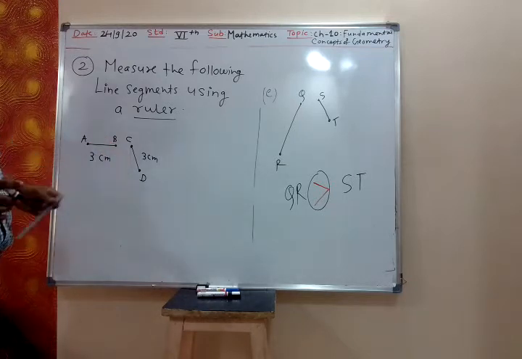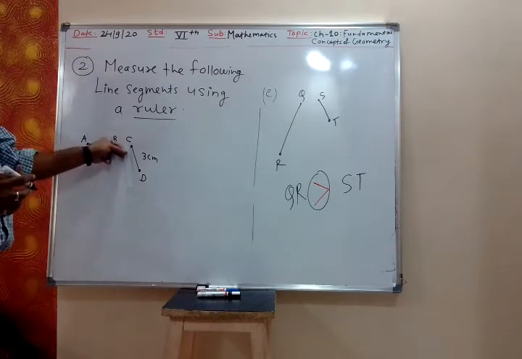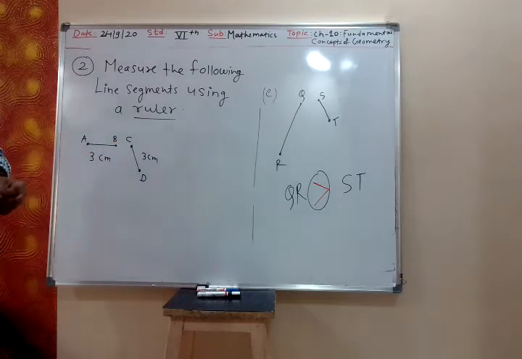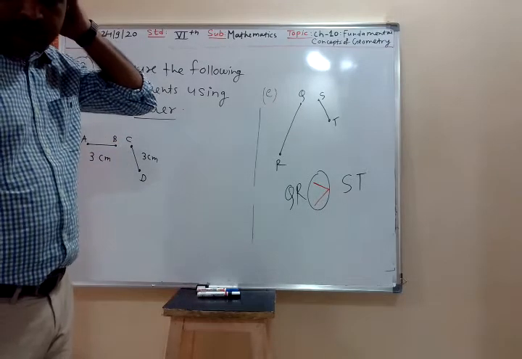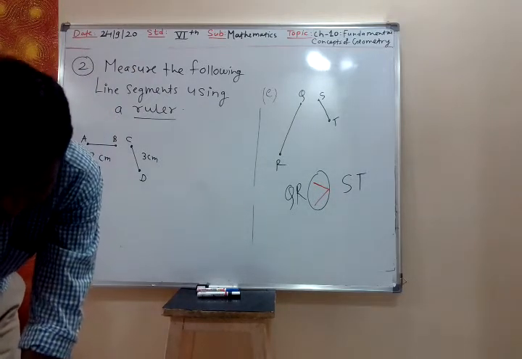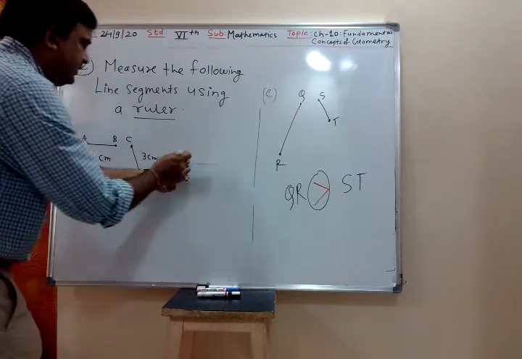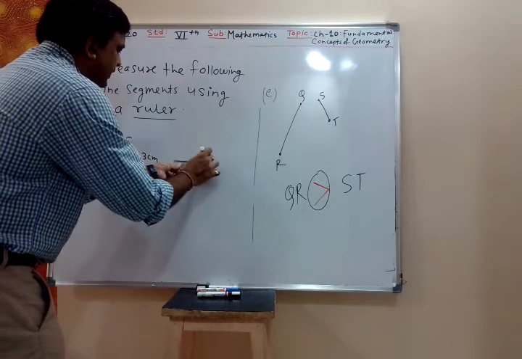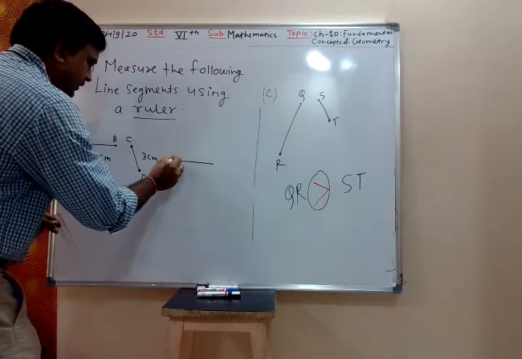Draw this CD. CD is also 3 centimeter. Then EF is 4 centimeter.